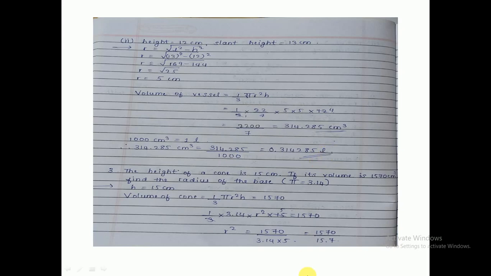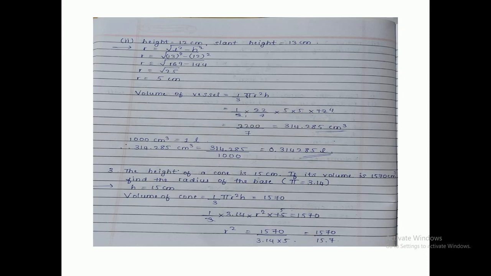Yes. So now we'll move on to the third problem. The third question is, the height of a cone is 15 centimeter. If its volume is 1570 centimeter cube, volume is already given, height is given. Find the radius of the base.